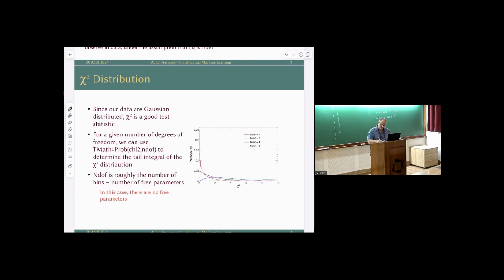If you have a variable z, which is equal to x minus mu over sigma, and x is drawn from a Gaussian distribution with mean mu and standard deviation sigma, then z is drawn from a Gaussian with mean 0 and sigma 1, right? So if we compute this z equal to x minus mu over sigma, this is true.